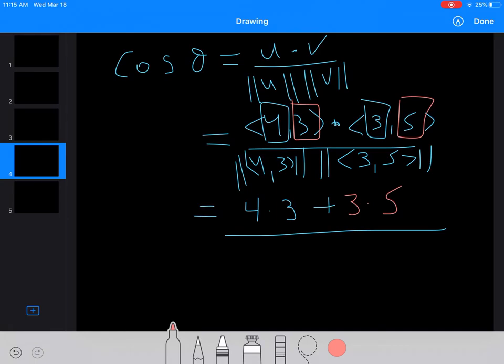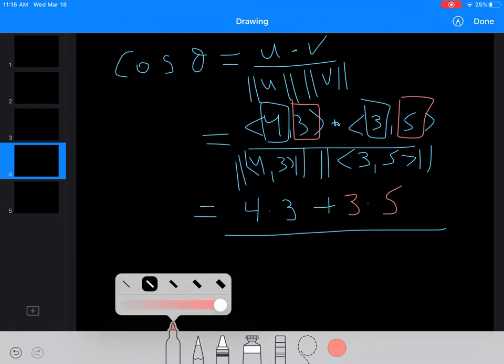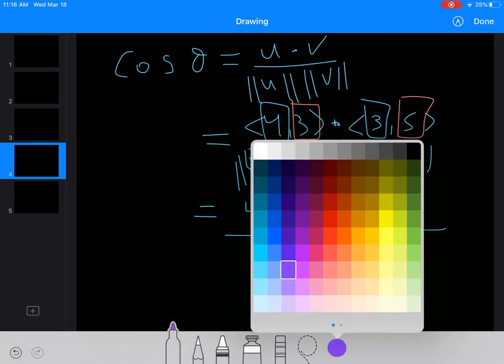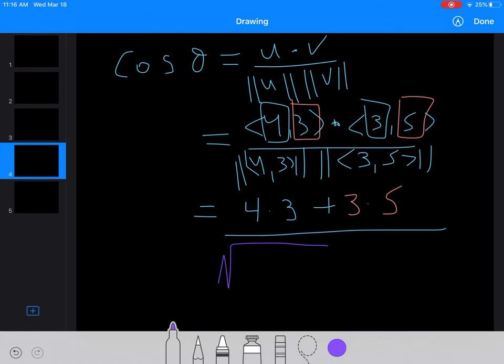Now the bottom we can simplify as well. So we need to do the square root of the magnitude. So it's going to be 4 squared, which is our first term, plus 3 squared. We've got to do another square root of 3 squared, which is our first term, plus 5 squared. So we can remember this is all equal to the cosine of theta each time.